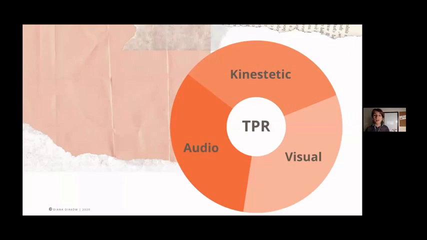And so why is TPR working? Well, it's working because it's integrating mostly three different domains of learning: kinesthetic learning, meaning moving, audio learning, listening, and visual learning. So we don't have, as you can see, specifically writing and reading here. And the reason for that is that we are working with students with limited literacy.